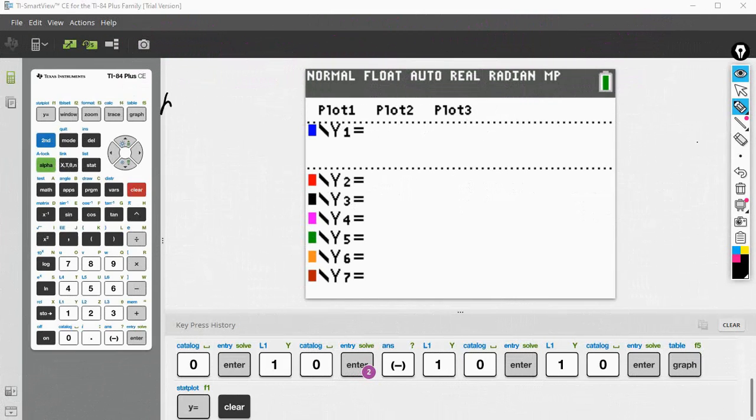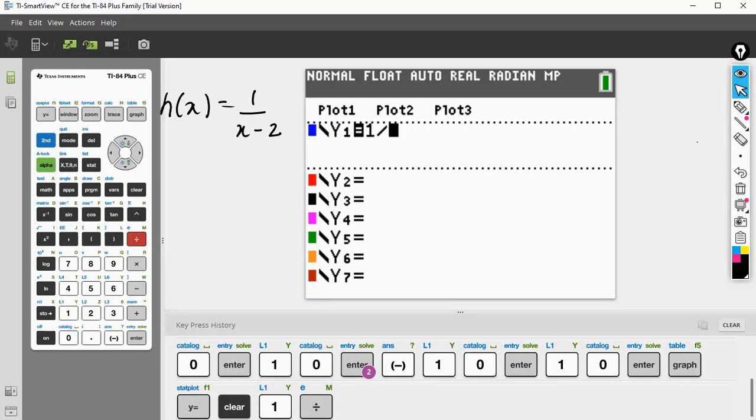So we said that h of x is equal to 1 over x minus 2. So this is what we have to plug into the graphing calculator. So we go here to the calculator, 1 divided by, and notice that it gives you a slash, x minus 2. Now here you have to be careful because 1 is being divided by all of x minus 2.